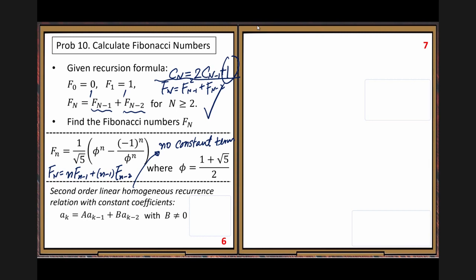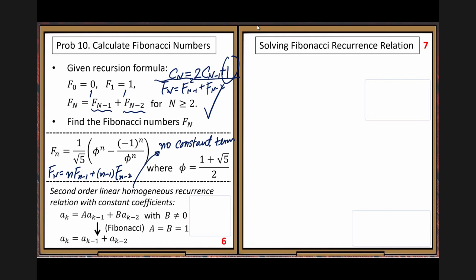Here we want to solve second order, not first order. For Fibonacci, A equals B equals 1. But for the general case, we want to find a systematic method to solve it. Let us solve the Fibonacci recurrence relation; the method can be generalized to the general case.